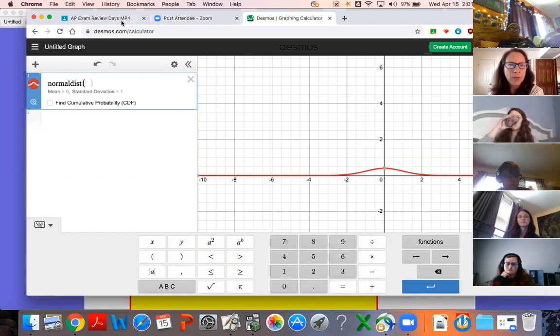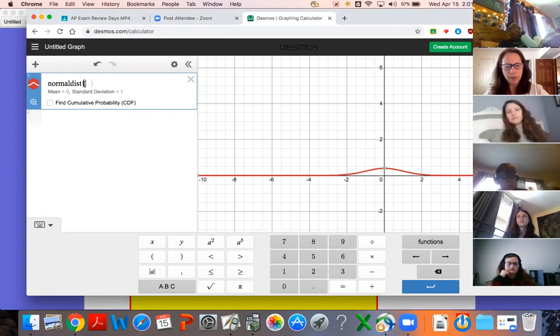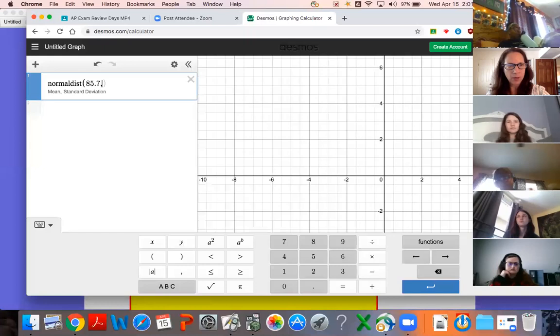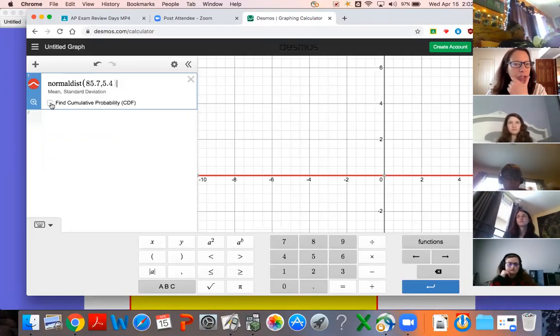So it's going to give me something over here. I can't see past our faces. And I put the mean first. If you don't put anything, it assumes a mean of 0 and a standard deviation of 1. But I know my mean was, I think it was 85.7, and my standard deviation was 5.4. And then I have to check this box to find the cumulative probability.